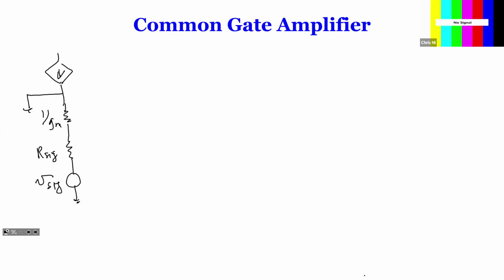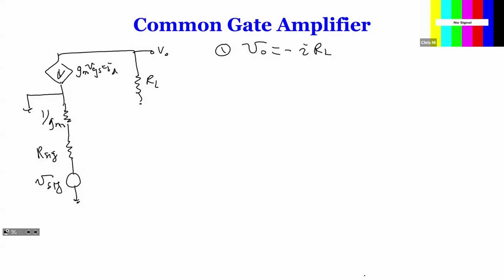This RS more often can be just written as 1 over GM. So let's do one. So we can see that VO is going to be minus I times RL, right?